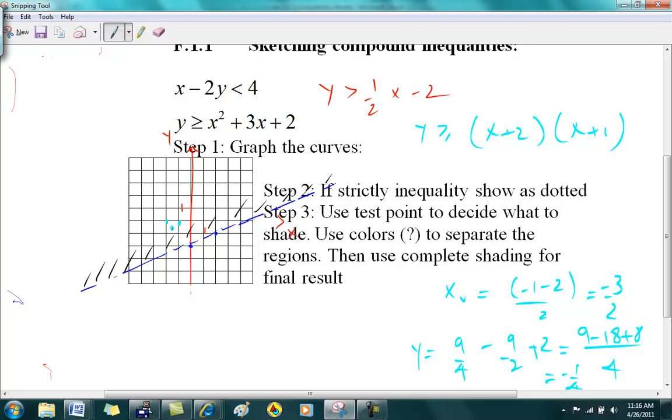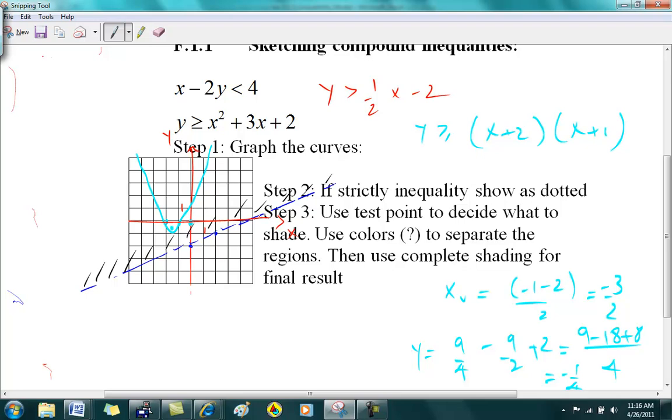So here's my vertex. It's going to be a solid line because this is not a strict inequality. So here's my parabola. If I take a look at my test point, which is the origin, I lost my x-axis, didn't I? Let me get back my x-axis.